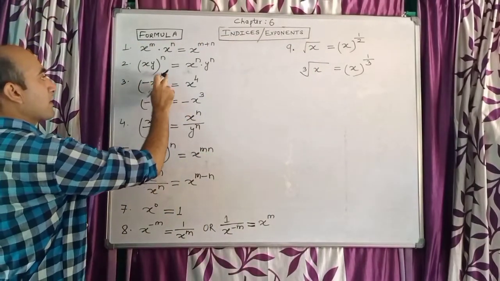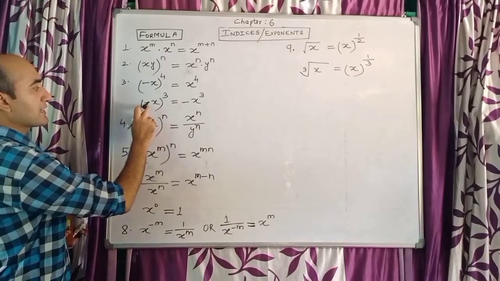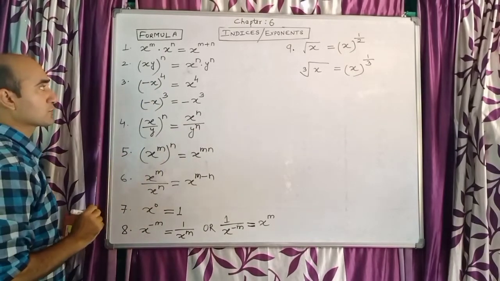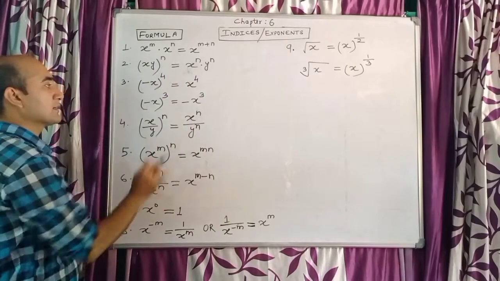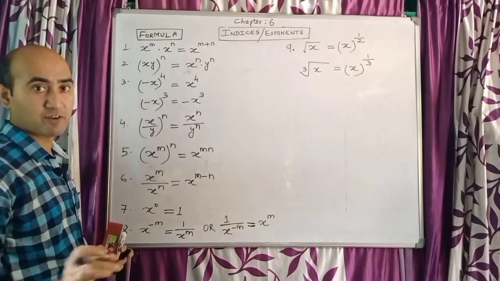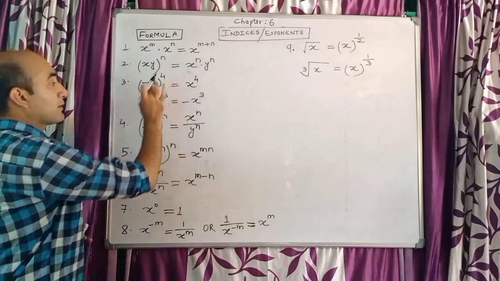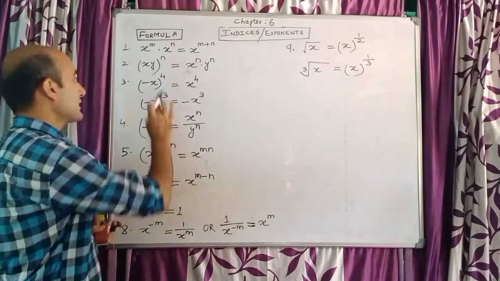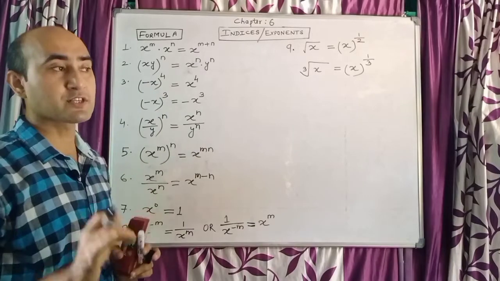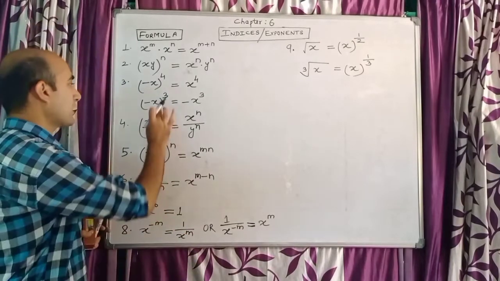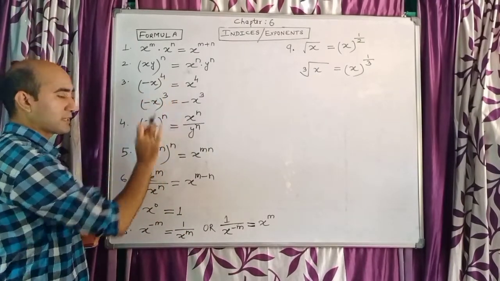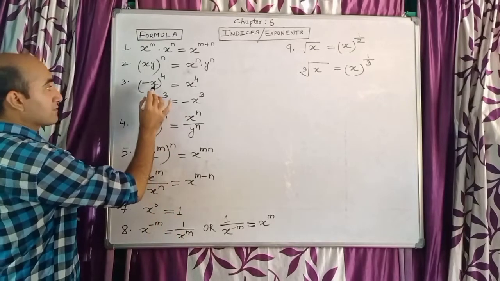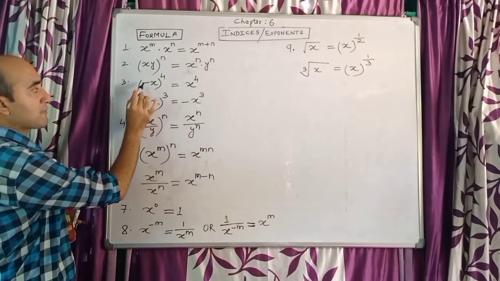Minus x power 4 and here minus x power cube. So you can see this is even power, this is odd power. The numbers which are divisible by 2 are even numbers, and the numbers which are not divisible by 2 are odd numbers. So 4 is an even number, 3 is odd, and the variable inside has got a minus symbol.